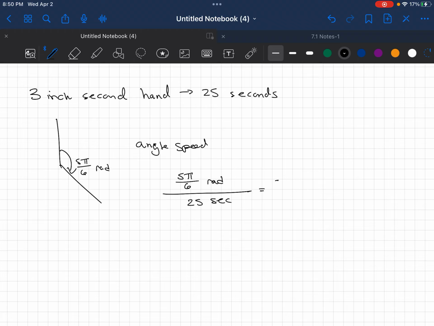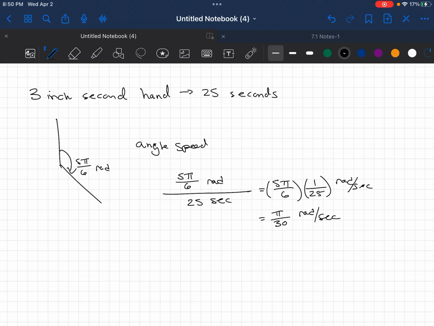And then, of course, that's 5 pi over 6 multiplied by 1 over 25, and that's in radians per second as a unit. Then the 5 and the 25 cancel, and we end up with pi over 30 radians per second.